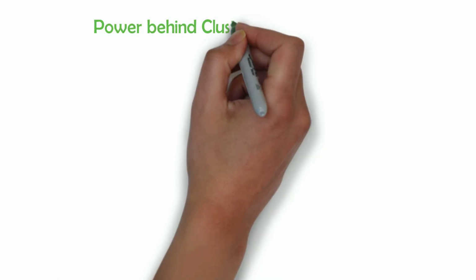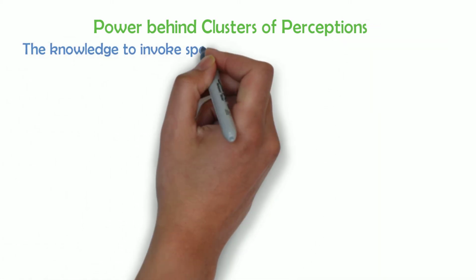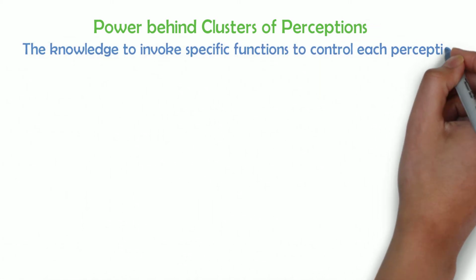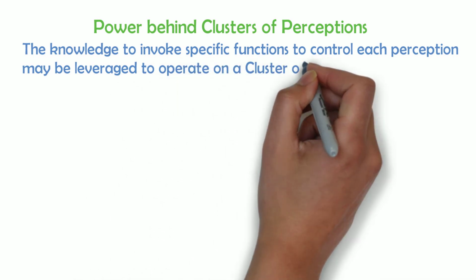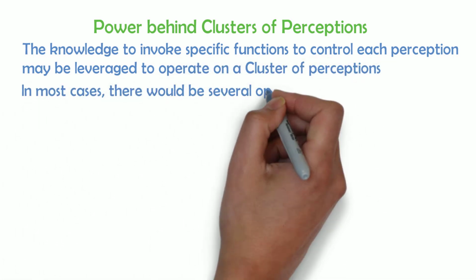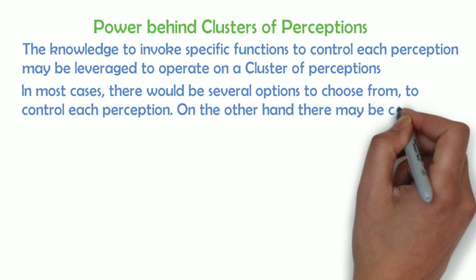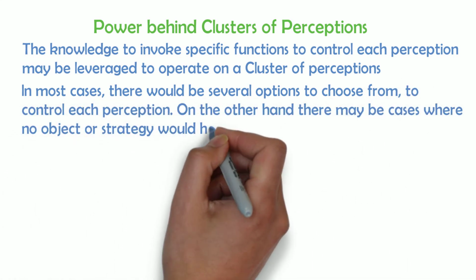Power behind clusters of perceptions. The knowledge to invoke specific functions to control each perception may be leveraged to operate on a cluster of perceptions. In most cases, there would be several options to choose from, to control each perception. On the other hand, there may be cases where no object or strategy would help.